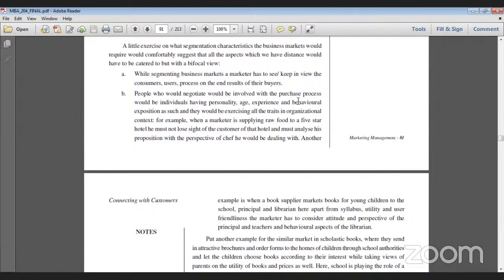While making a business, they should keep in mind the view of consumers, users, and process at the end of the result of their buyer, because the buyer is the person who is going to purchase the product and provide you the output, in the form of money, right? They are going to give you the money through which you are going to increase your business. So you need to keep in mind that while having a proper segmentation, your business should grow in an effective manner, right?